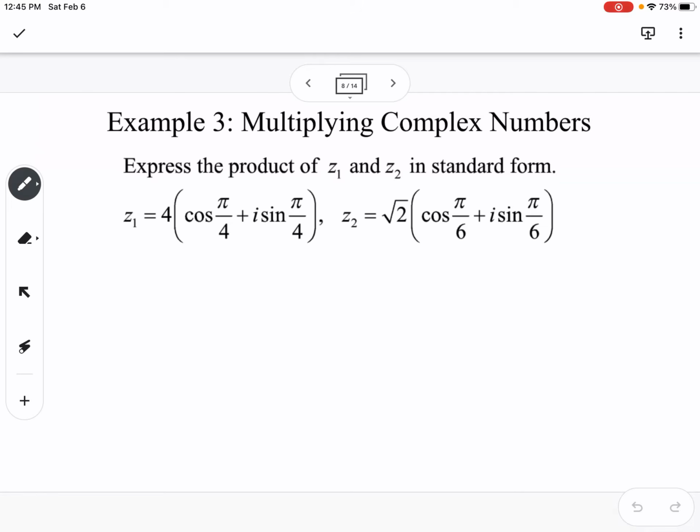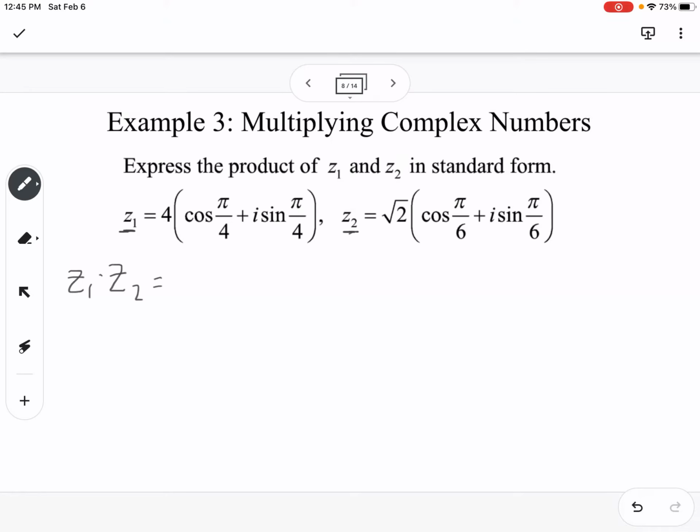Okay, so here's an example. We're going to multiply complex numbers. We have this number and this number, those are our two numbers. To find the multiplication, we're going to do z1 times z2.